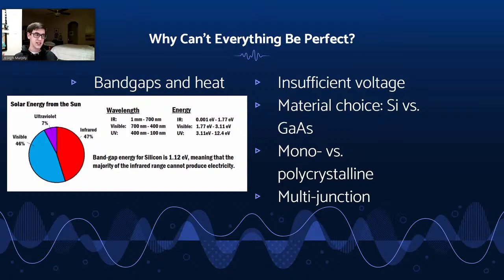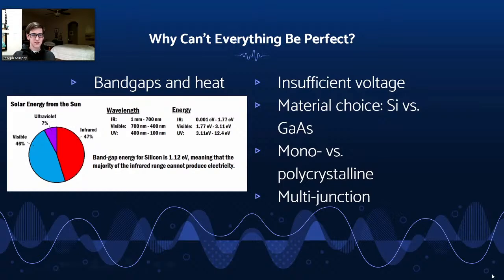If a photon hits the electron and it doesn't have that much energy, then the electron doesn't get excited. We don't end up with any more mobile charge carriers. Nothing happens. The energy actually gets absorbed as thermal energy, which is bad in the long run. We generally don't want things heating up if they don't have to, right?